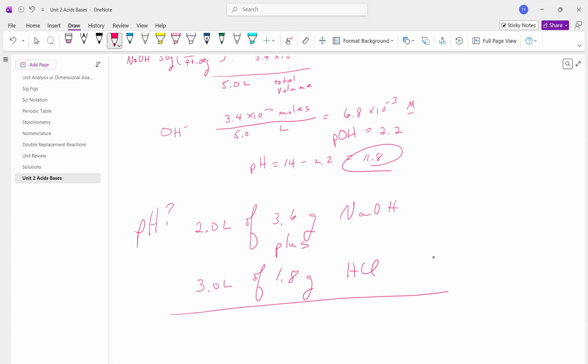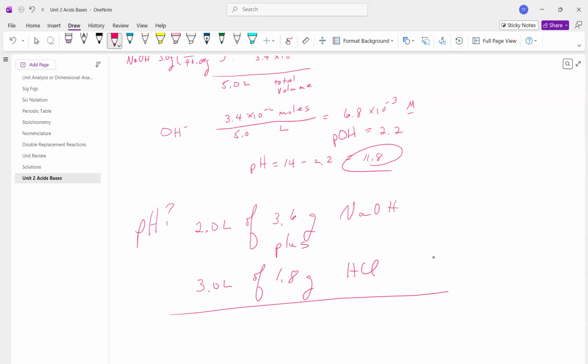So, where did you get it? Look, that's the molar ones. So you always have to turn it into the molar stuff to calculate.